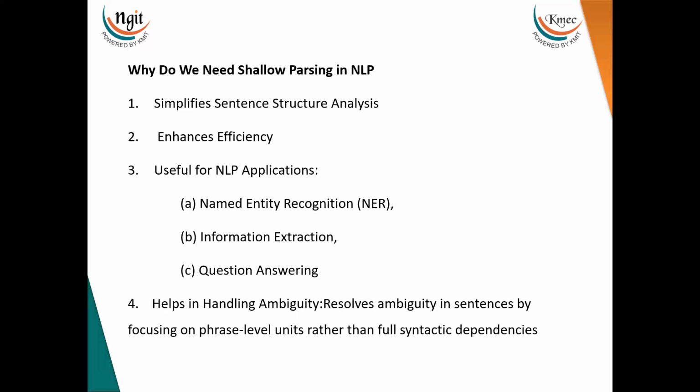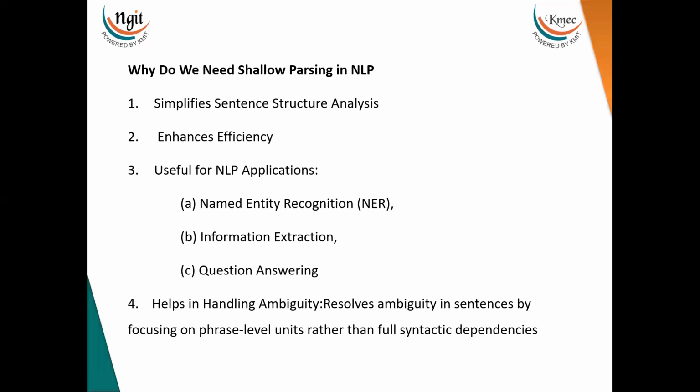Basically there are two things. The first one we call deep parsing, then we have shallow parsing. Deep parsing tries to generate complex syntactic trees that are computationally expensive, whereas shallow parsing focuses only on a particular chunk, not the entire thing as in deep parsing.